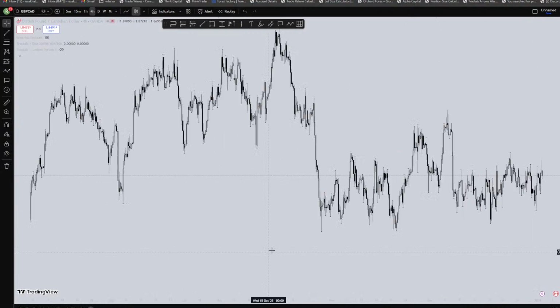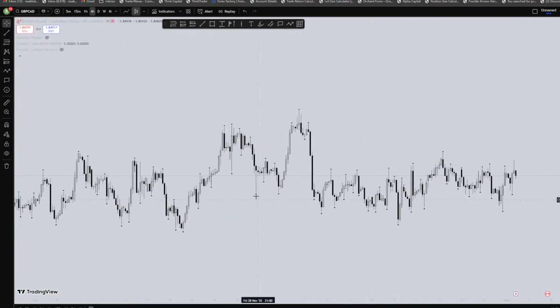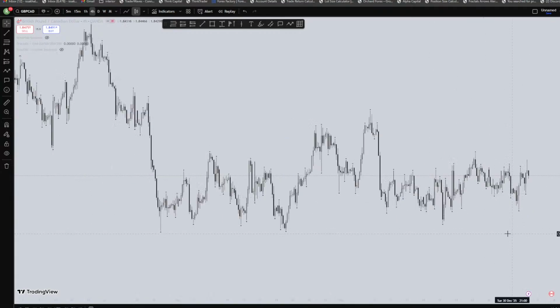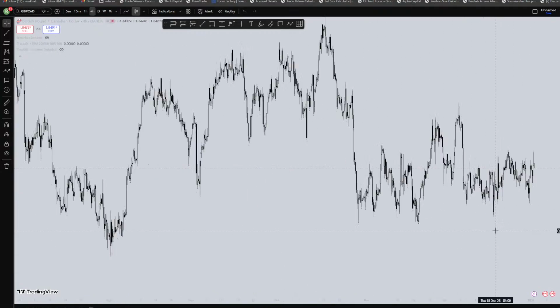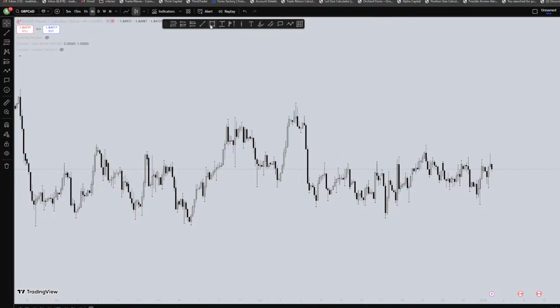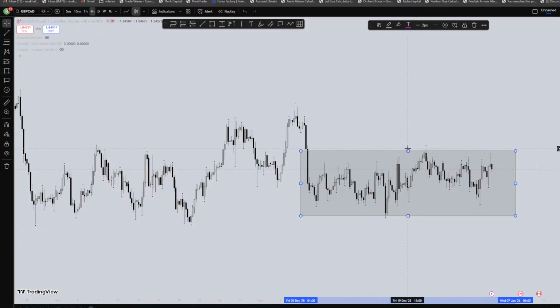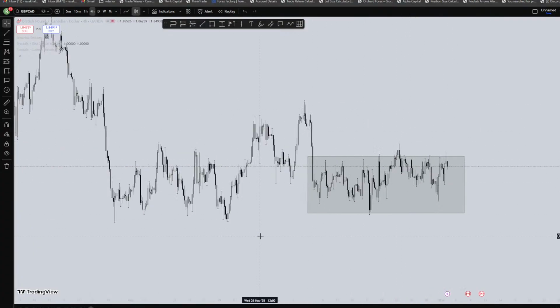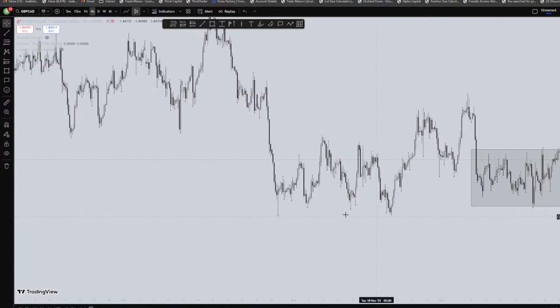Come here, same thing, just looking at current price action. So this is very much consolidating. Such a huge box. Price is the low.